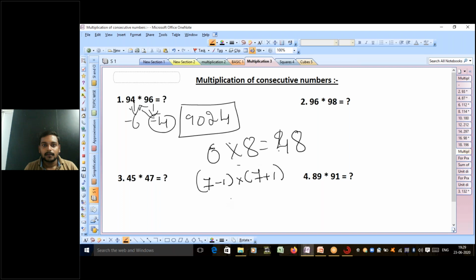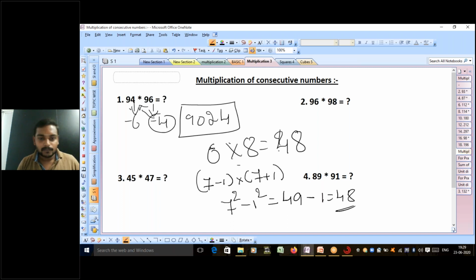It is nothing but a square minus b square. Here the a value is 7, the b value is 1. It is nothing but 7 square minus 1 square. 7 square is 49 minus 1 square is 1. It will become 48. So 6 into 8 is nothing but 7 square minus 1. You have to take the mean value.